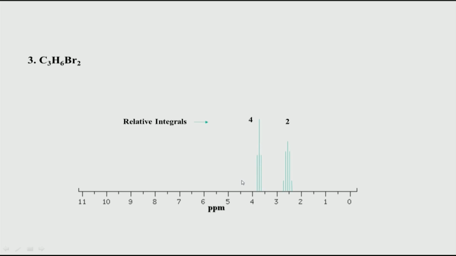So, basically this particular peak is probably coming from a proton which is attached to a carbon bearing a bromine. Now we have 4 hydrogens like this, which means we have a CH2Br, this whole thing 2 times.